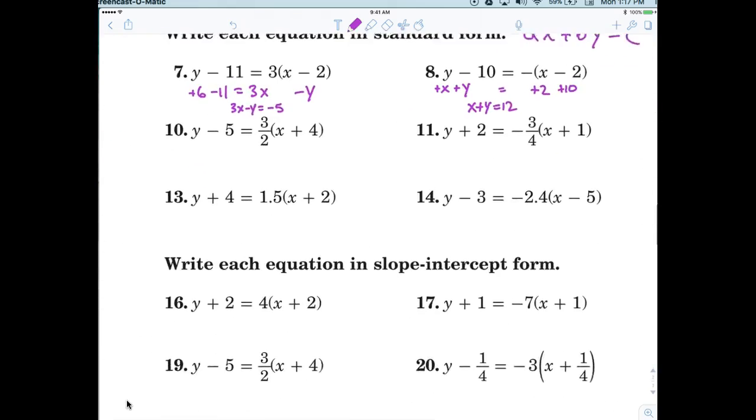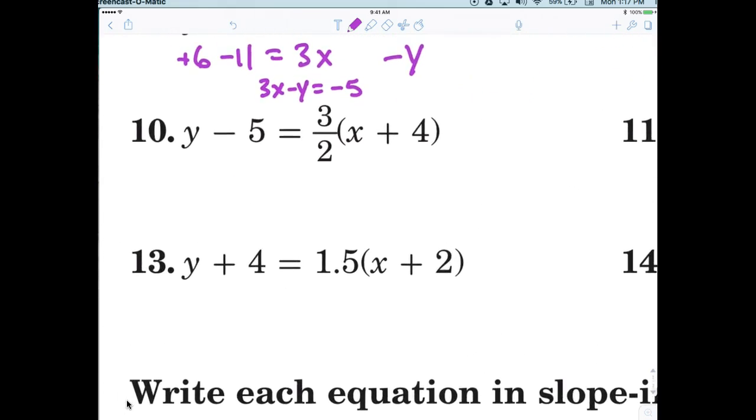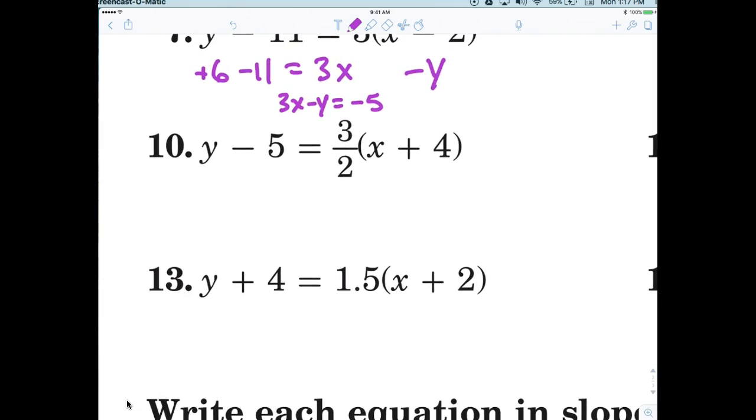So let's take a look at question 10. Uh-oh, the major problem here: fractions. Some kids get confused here, so I'd like your attention up here, please. Look and listen carefully. I'm going to first multiply both sides by 2. If I multiply both sides by 2, what happens to the fraction?